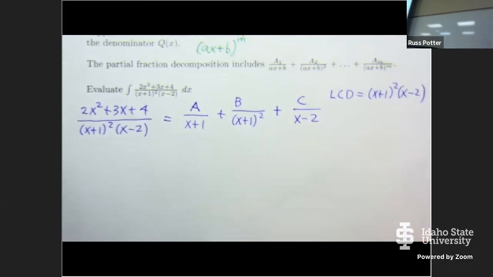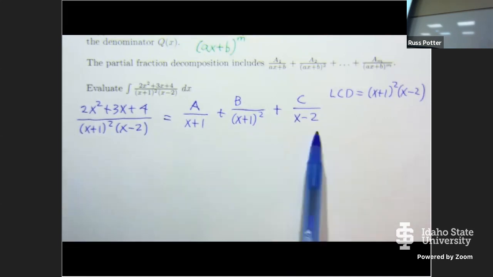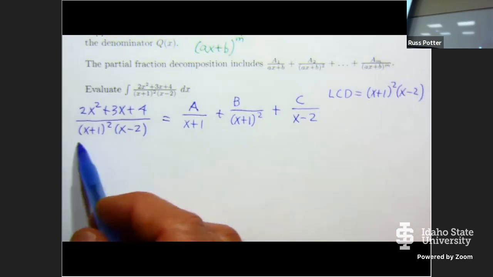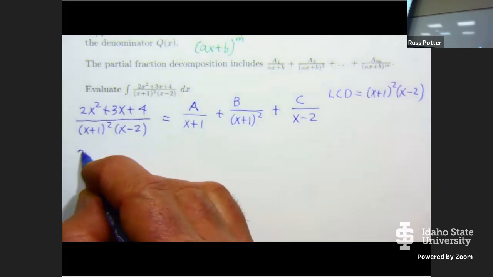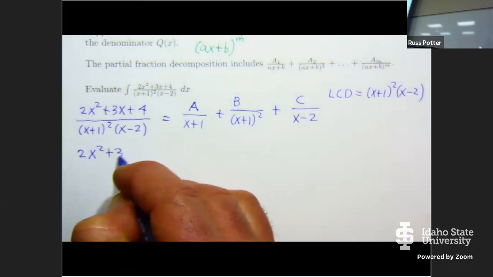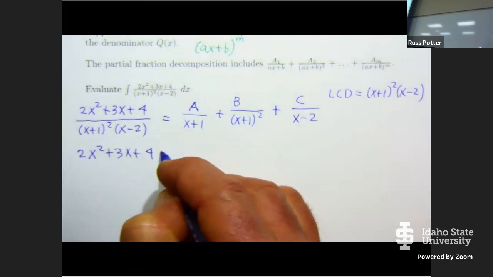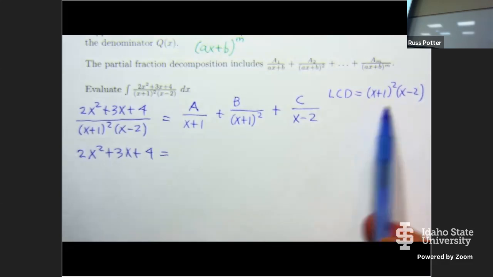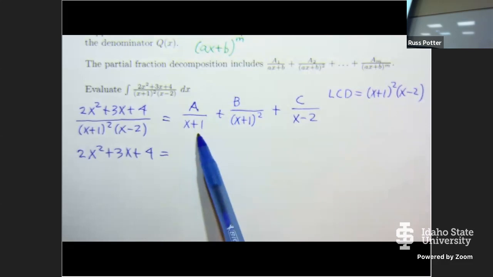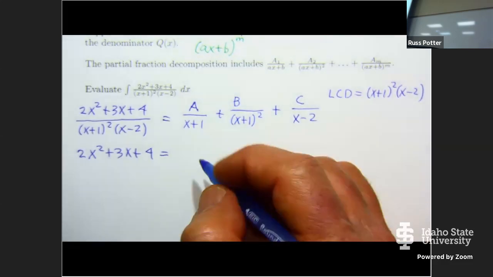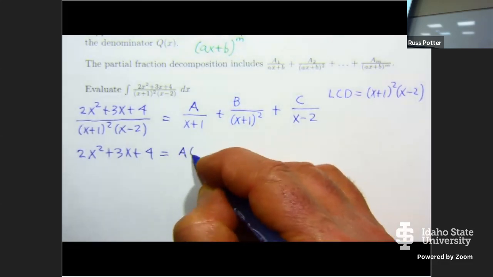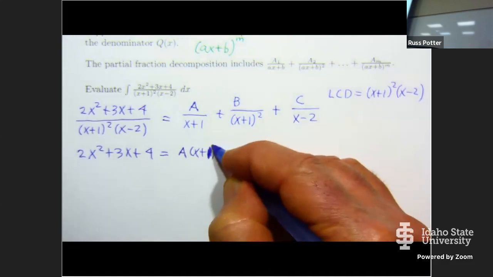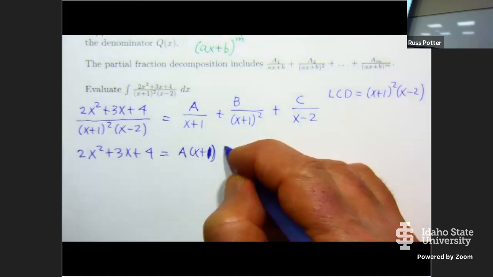So when we multiply every term on both sides of this equation, on the left-hand side, the denominators all cancel out. So the left-hand side becomes 2x squared plus 3x plus 4. And when we multiply the least common denominator by a over x plus 1, only one factor of x plus 1 cancels. So we still have a times x plus 1 times x minus 2.